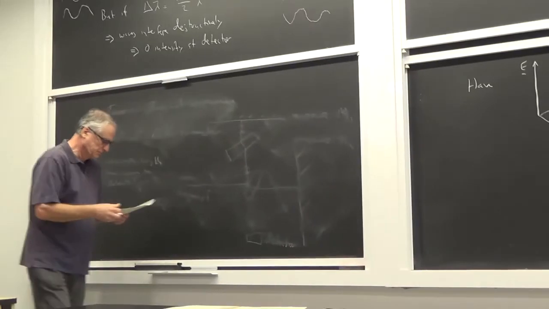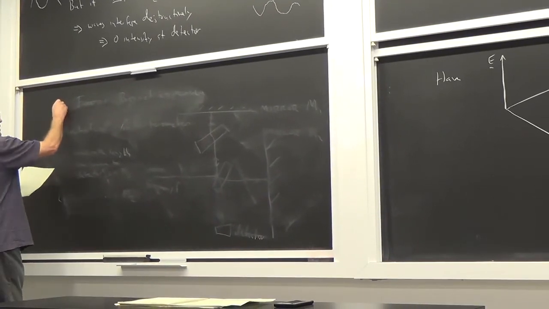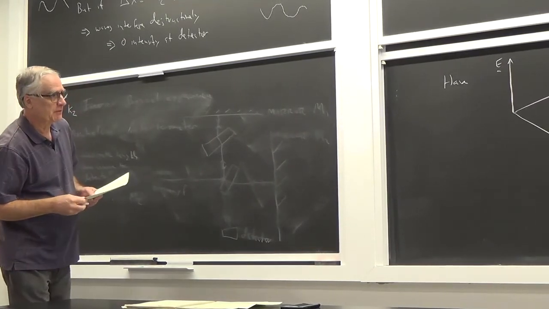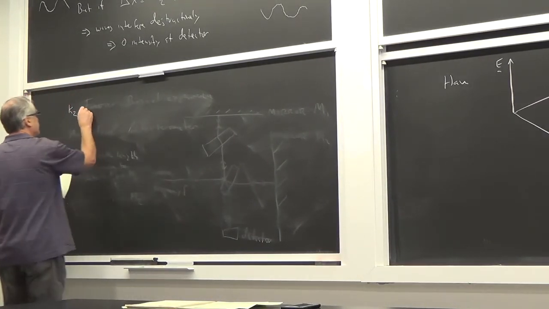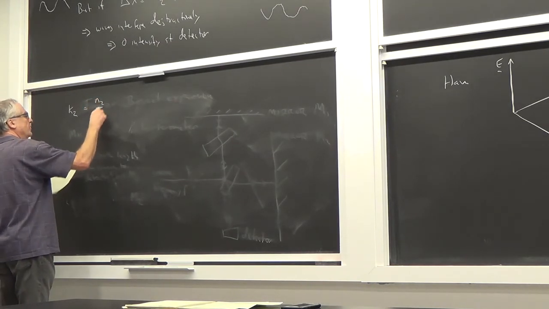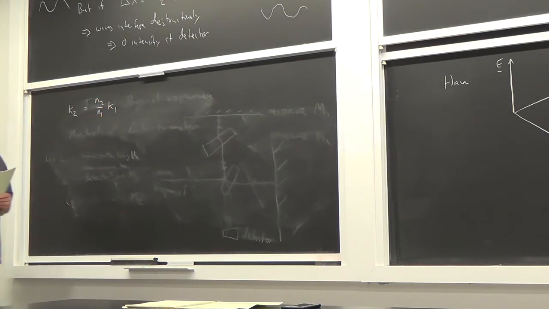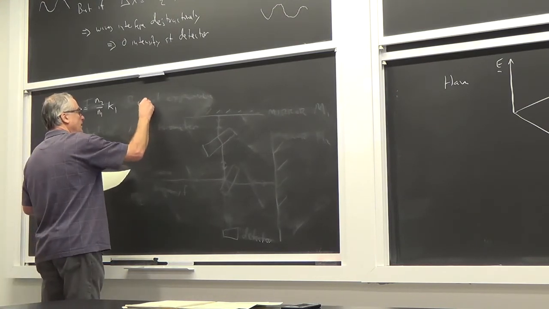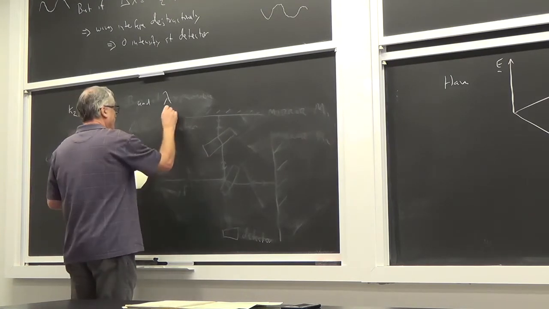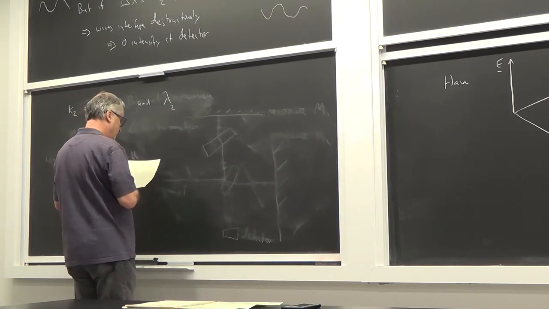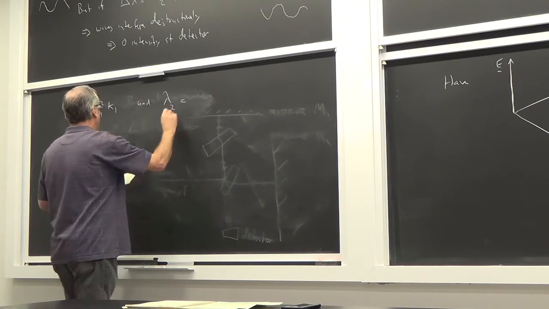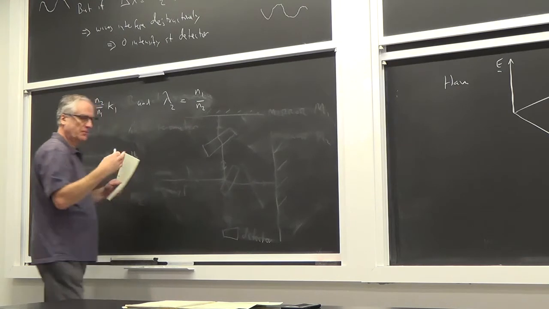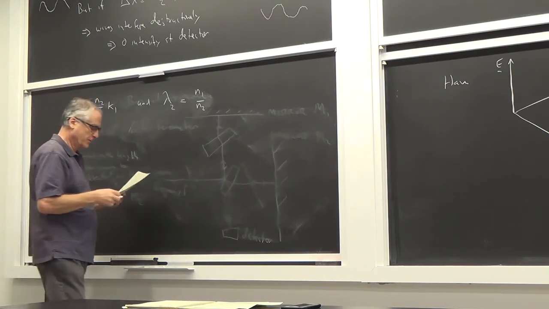So let's see. K2 is related to K1 by K2 is n2 over n1 times K1. And the wavelength, lambda 2, is related to lambda 1 as the inverse of this, n1 over n2, because K is 2 pi over the wavelength.